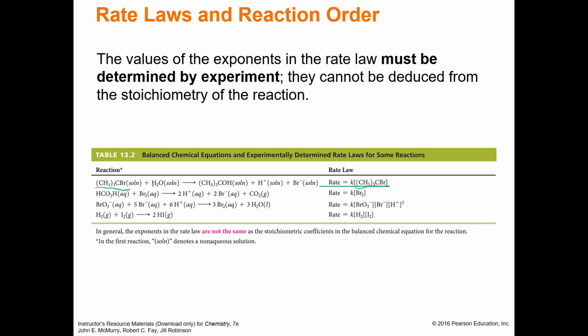But if we look at the reactants here, H2O is also a reactant, but it's not even shown. The same thing happens in the second reaction. If we look at the third reaction, Br negative has a coefficient of 5. There is no 5 superscript here. H plus has a coefficient of 6, but the superscript is 2. So these do not come from the stoichiometric coefficients. They must be determined by experiment.